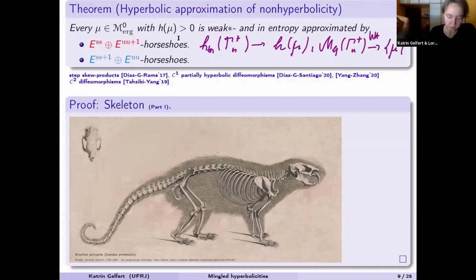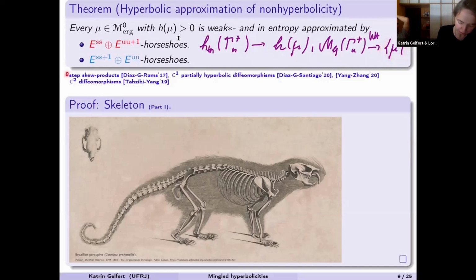And in particular, these horseshoes carry ergodic measures of hyperbolic type, which can be chosen to converge in entropy and in the weak star topology to this non-hyperbolic measure. And there's a version for each type of hyperbolicity.